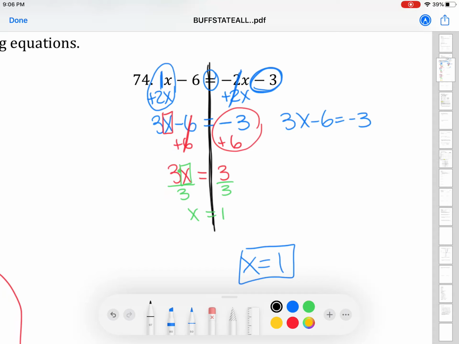So something I'd like to show you just while we are here, and I keep saying it over and over again. Here's why I keep saying it over and over again. You have to get rid of what's being added or subtracted first, because if you choose to divide both sides by 3, it's not going to hold its equality because you're not dividing this by 3 also.